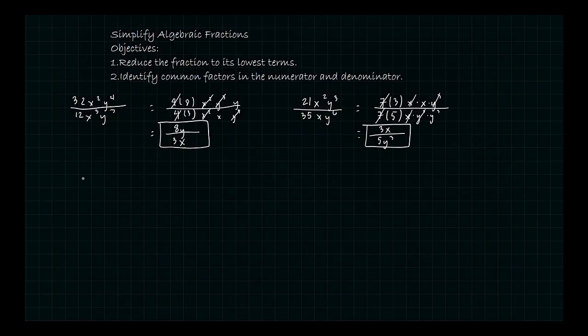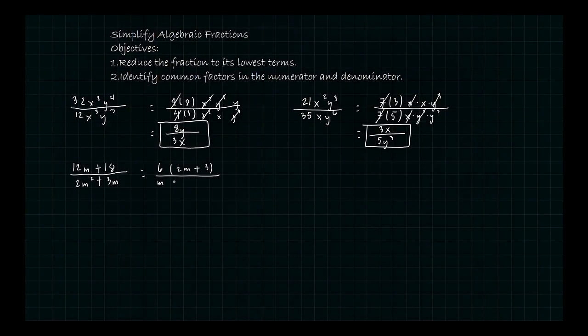Example number 3, we have 12m plus 18 over 2m squared plus 3m. For the numerator, we have a common factor of 6. To get 12m, we need 2m, and for 18 it is 3. Now for the denominator, we have a common factor of m.